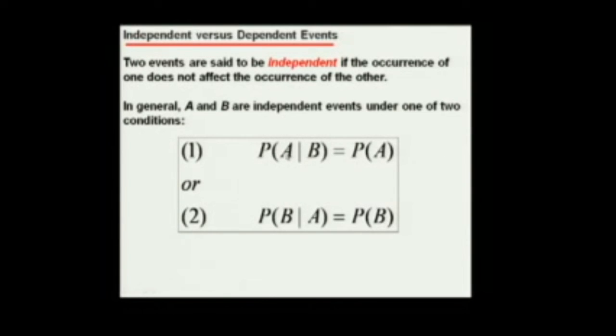If P(A given B) is equal to P(A), then the two events A and B are independent. Similarly, if P(B given A) is equal to P(B), that means that A and B are independent.